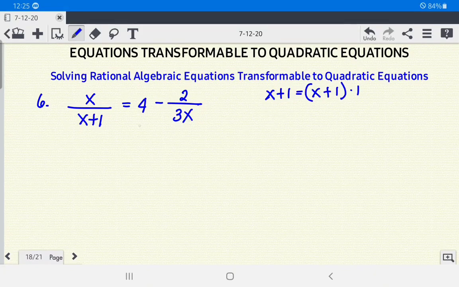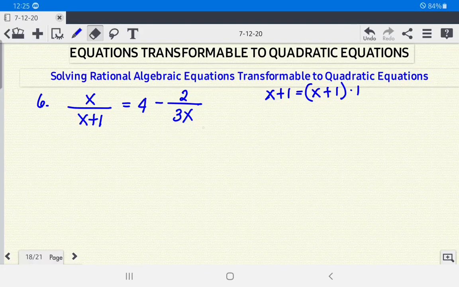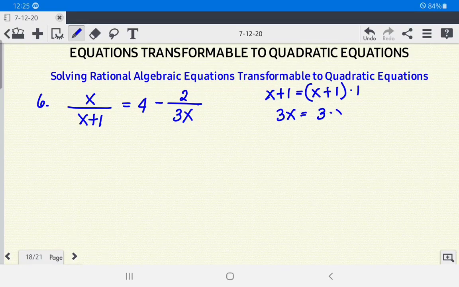We have, this is 1, 4 over 1 here. The denominator is 1. Then for the next denominator, we have 3x. So factors are 3 times x, right? So LCD here is 3 times x plus 1.